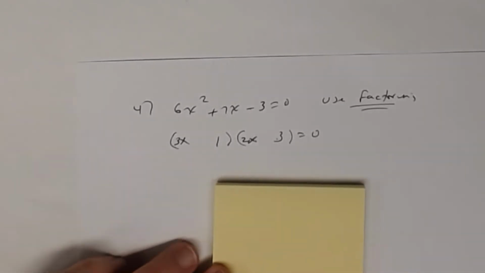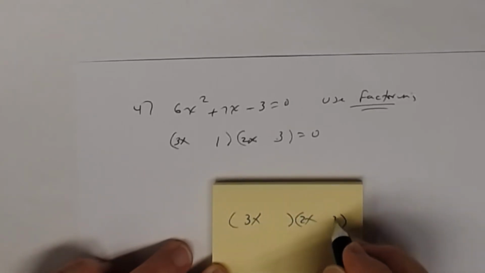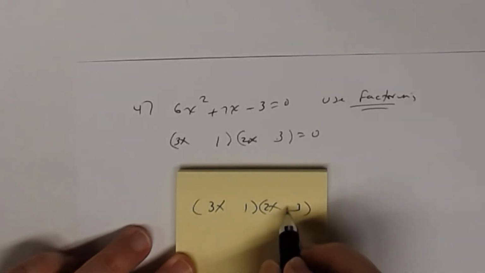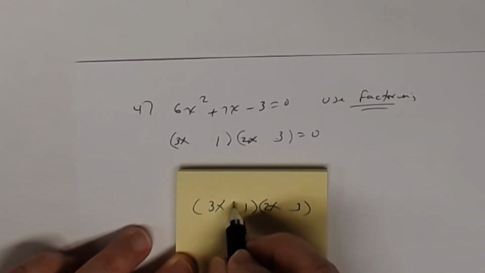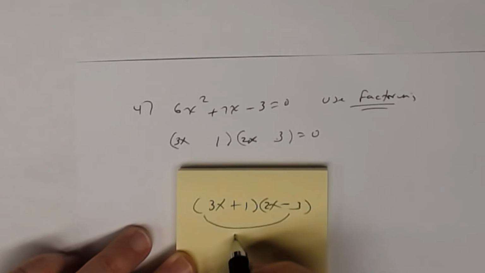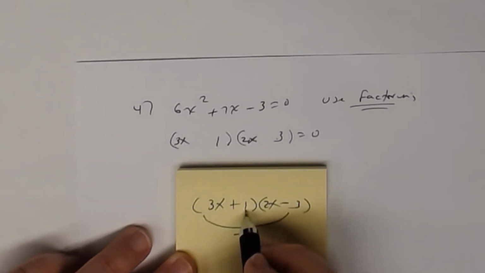I'm just going to show you. If you put, let's say, this as plus and this as minus, and you do the outer and the inner, the outer is a negative 9x, since 3x times negative 3 is negative 9x. The inner is 1 times 2x, which is 2x.